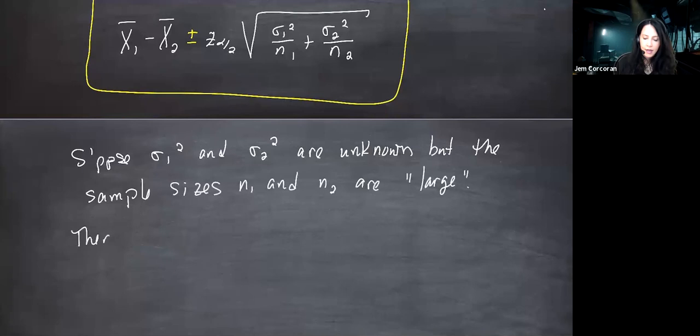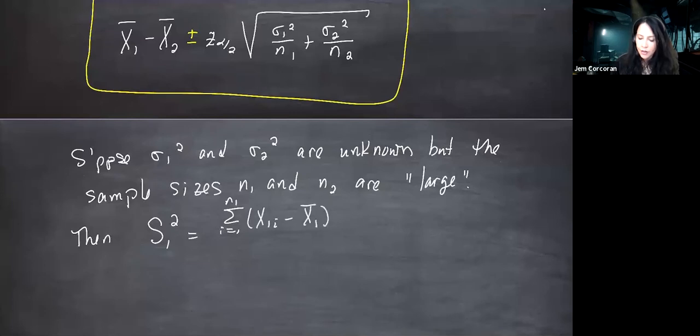Then S1 squared, the sample variance for the first sample. So if you did actually write my double subscript notation, then S1 squared is going to be the sum as i goes from 1 to N1 of x1i minus x1 bar squared over N1 minus 1.